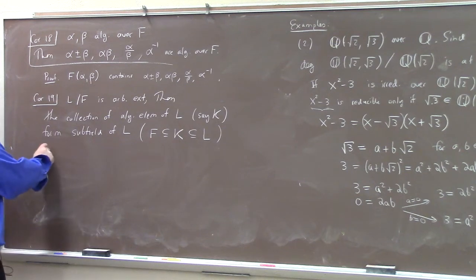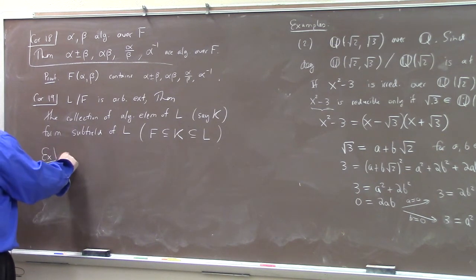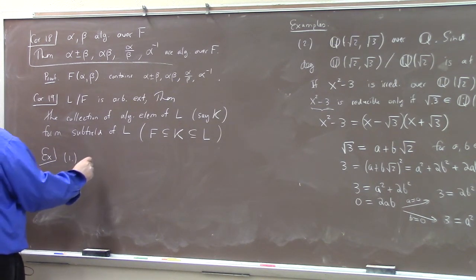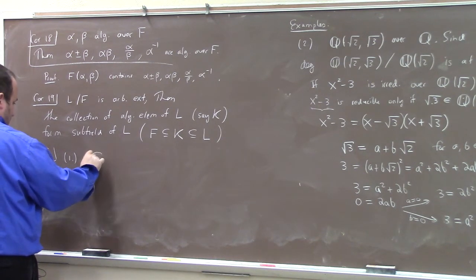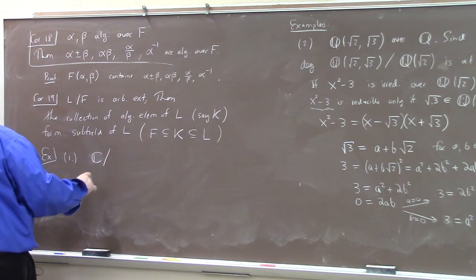So, an example of that. He says, consider the extension of the complex numbers over the rational numbers.